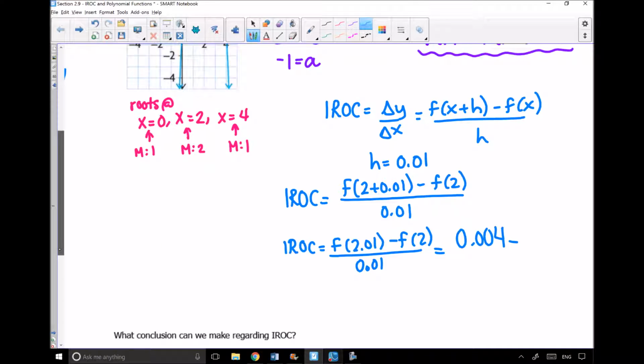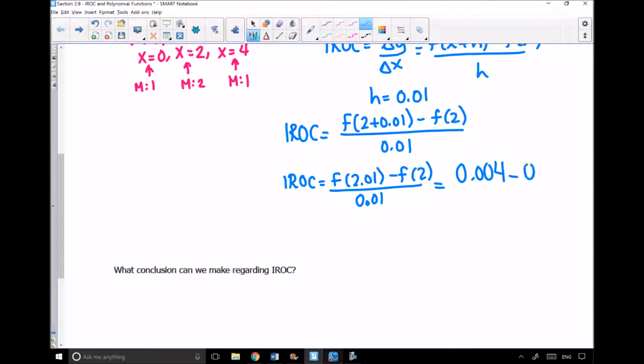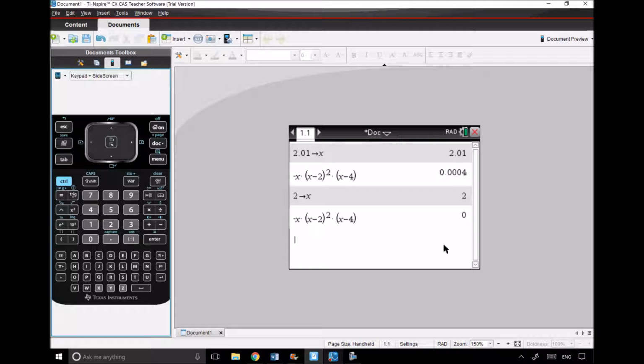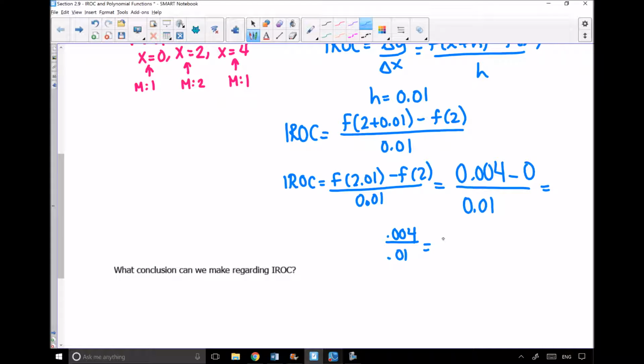So this means that f of 2 is going to be 0, and that's all going to be divided by 0.01. Well, I end up getting 0.0004 over 0.01, and when I divide those two values out, I end up getting 0.04, which is a pretty small value.